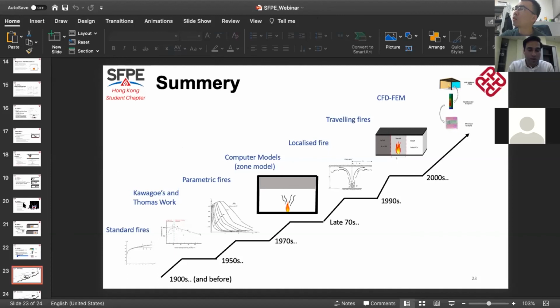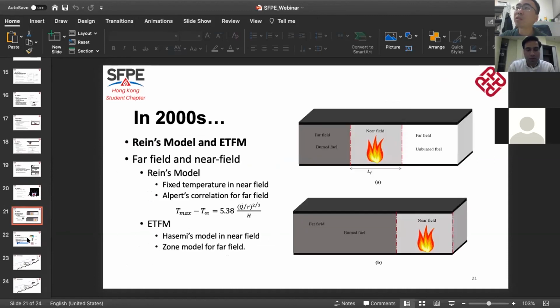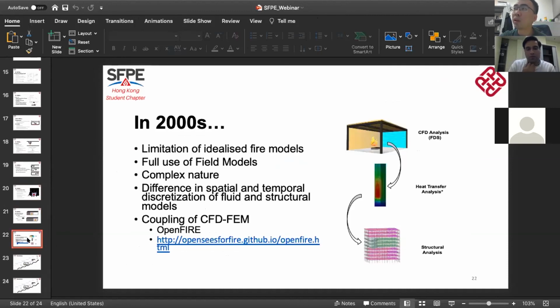What is the most challenging part of the structure simulation? I mean, steel is easy to simulate. What about concrete or other more complicated things? You mean when we are performing structural analysis? Yes.